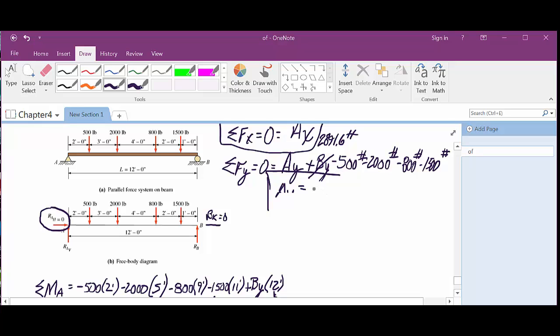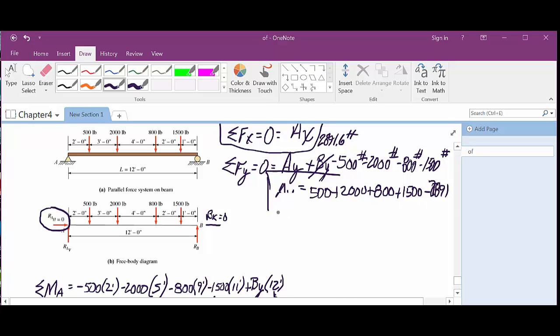So it becomes 500 plus 2,000 plus 800 plus 1,500 minus BY, which was 2891. So I messed up the sign on that.